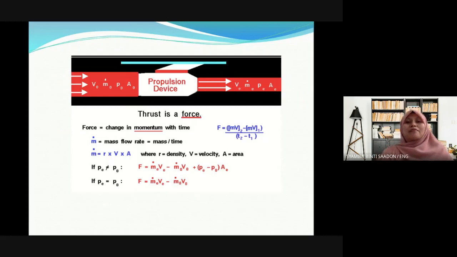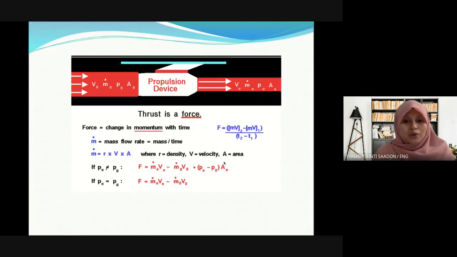If we revise last week, we have the law of conservation of momentum, which is characterized by Newton's second law: the sum of the force equals ma, mass times acceleration, or m dot v, mass flow rate times velocity, which means the change in momentum with time.